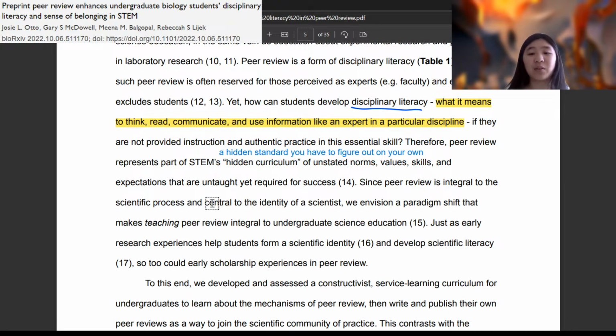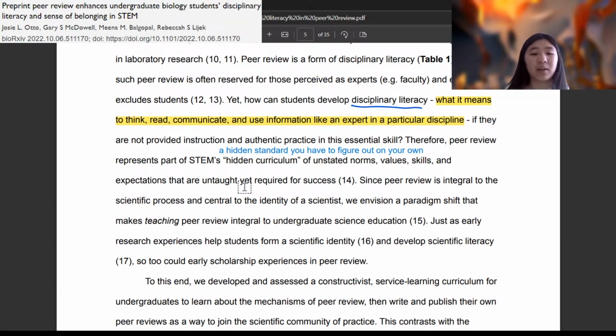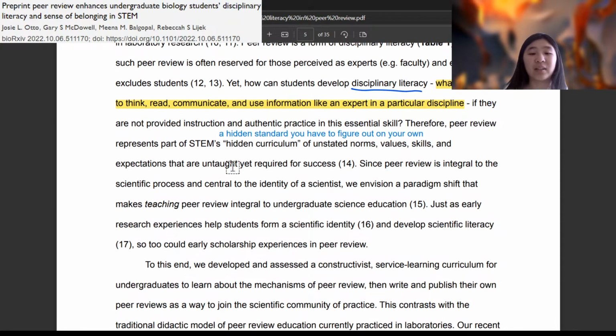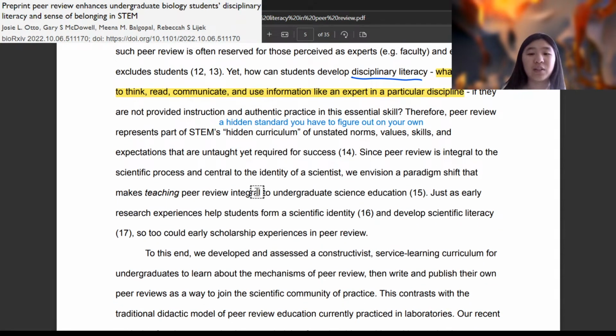So since peer review is important to the scientific process and to the central identity of a scientist, we envision a paradigm shift that makes teaching peer review important to undergraduate science education. So we envision a paradigm shift, so basically a shift in how things are normally done.